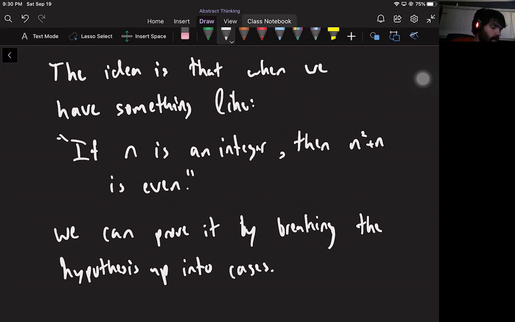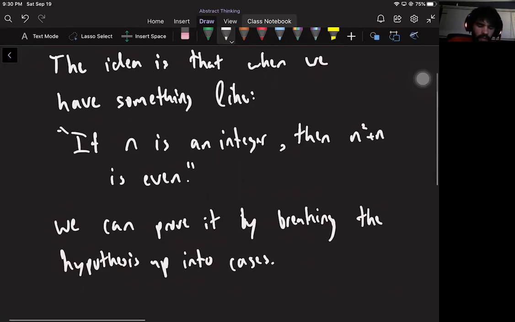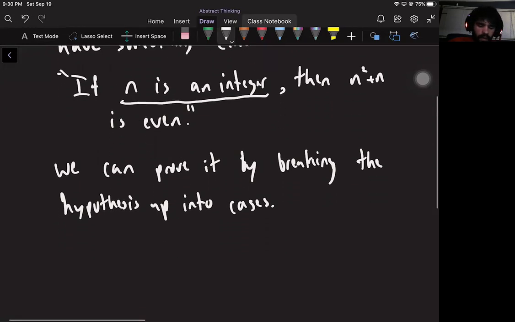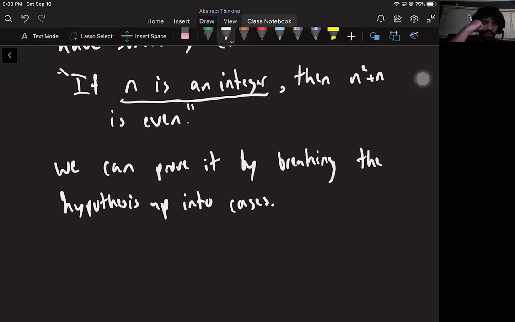Okay. So you look at the hypothesis and you say, can I think about that in a different way? Can I break it up into smaller pieces, sort of? So the way to think about it is n can be an integer. Is there another way I can say that in pieces?